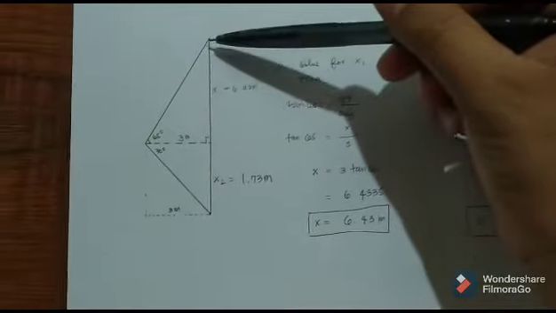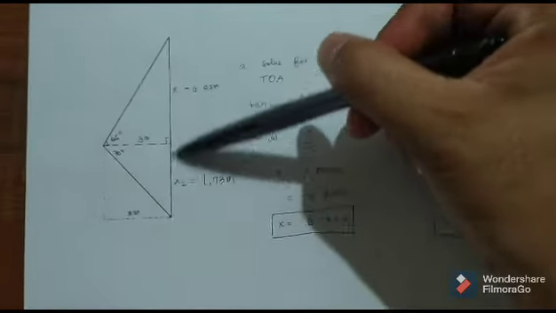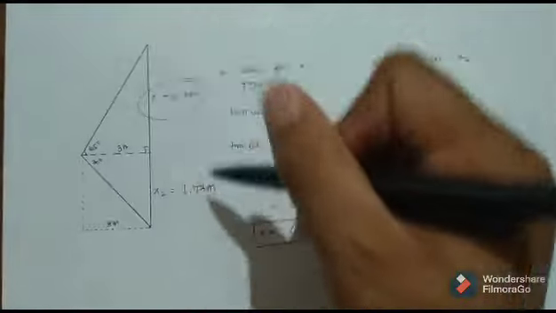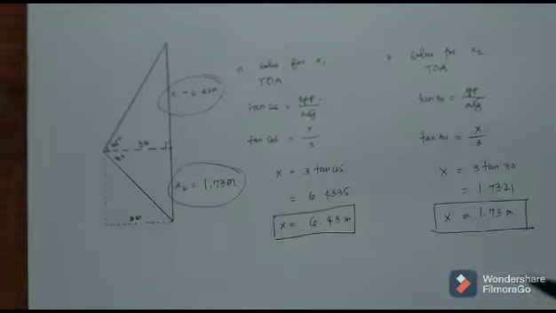So with our problem of the height of the flagpole, we'll simply combine our x sub 1 with our x sub 2.